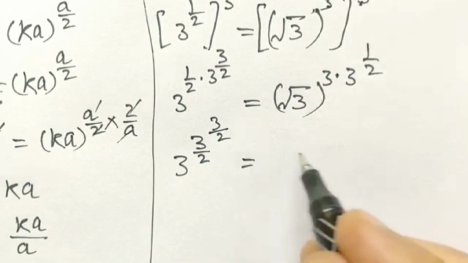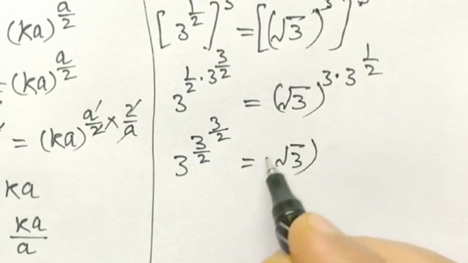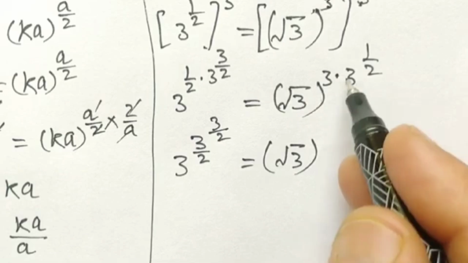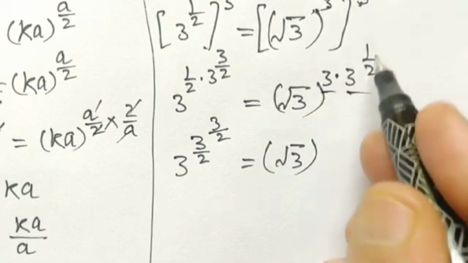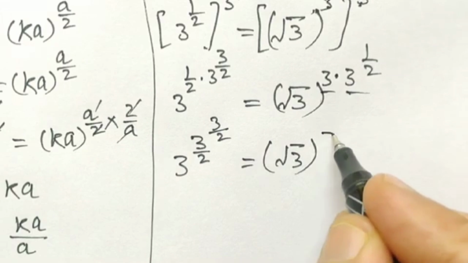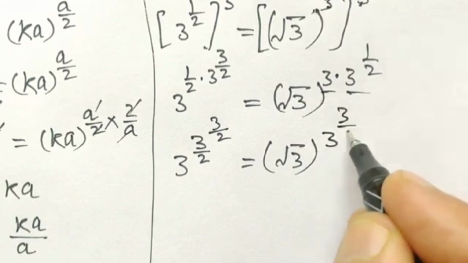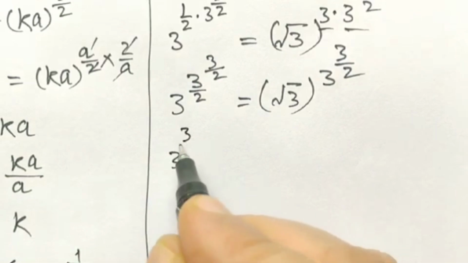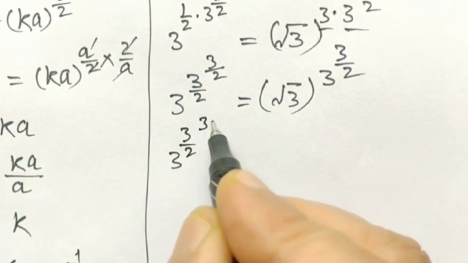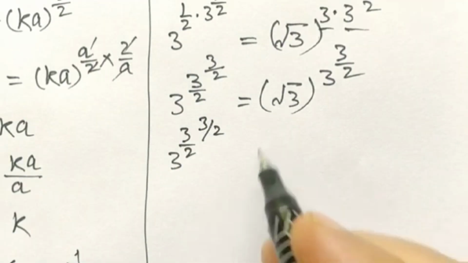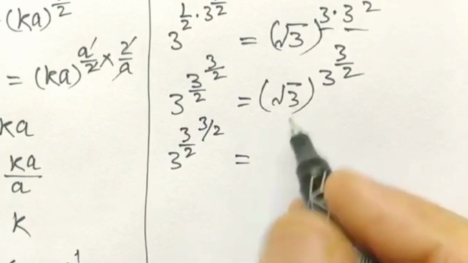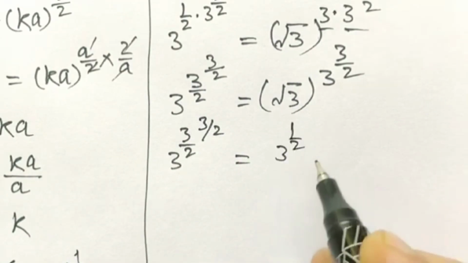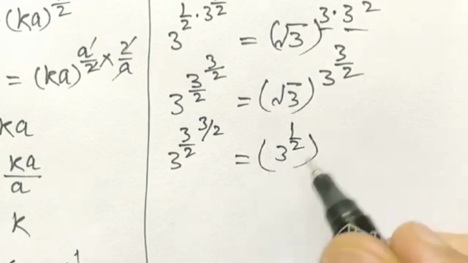So the exponents combine, and this and this will be 3 to the power 3 by 2.